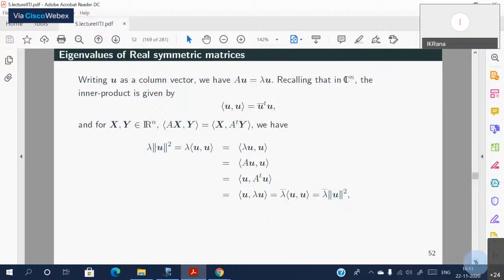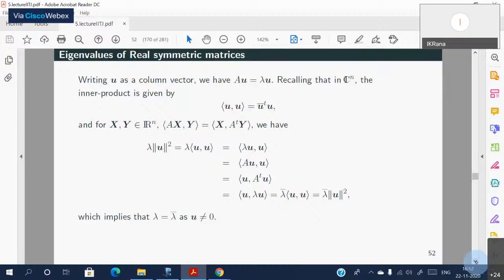So that is a real eigenvalue. So eigenvalues of all real symmetric matrices are actually real. Because the complex characteristic polynomial has n roots, all roots are real. So all eigenvalues of a real symmetric matrix are real.